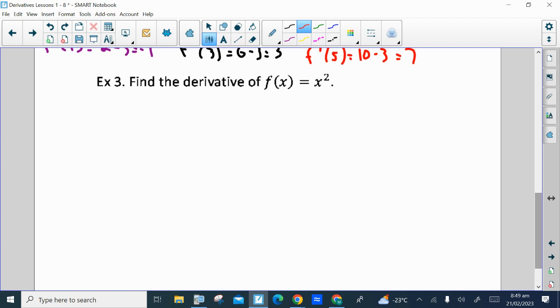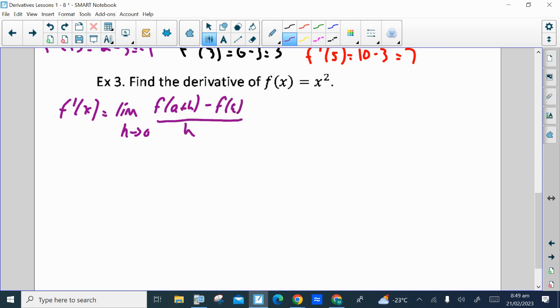Find the derivative of that. So again, we can find the derivative f prime x by using this limit formula. The limit as h approaches 0 of f at a plus h minus f at a all over h.